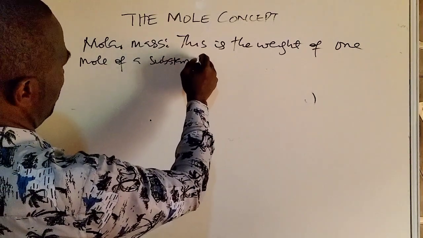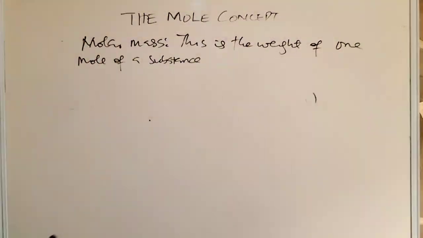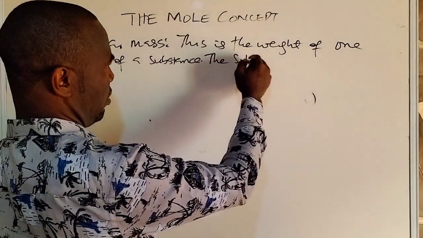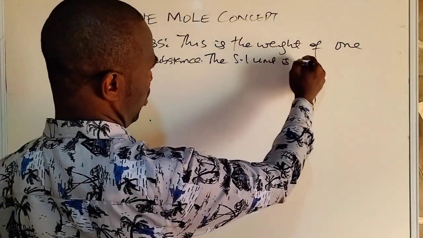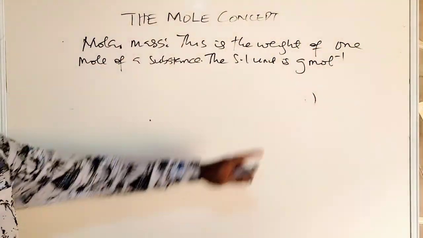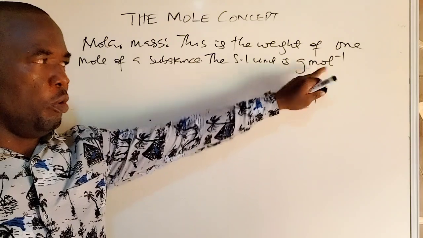That substance can be a compound. So compounds have molar masses. The weight of 1 mole of a substance. The SI unit of molar mass is gram per mole. It's expressed in gram per mole. Look at the unit, gram per mole.